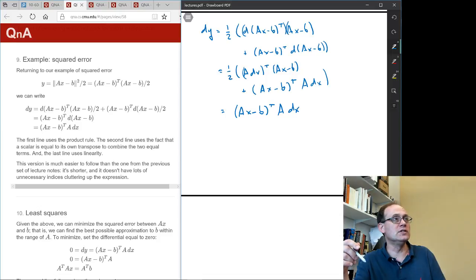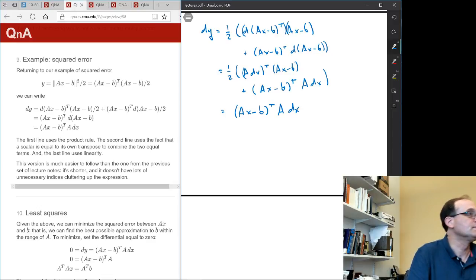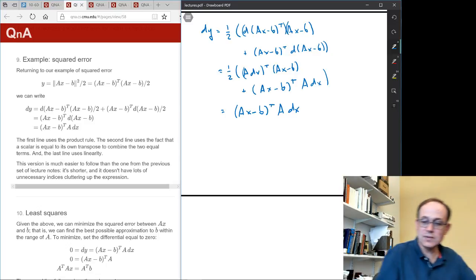And so the dimensions of dy and y are the same, which is the same as saying the dimensions of d of g of a is the same as the dimensions of g of a. All right. Cool.